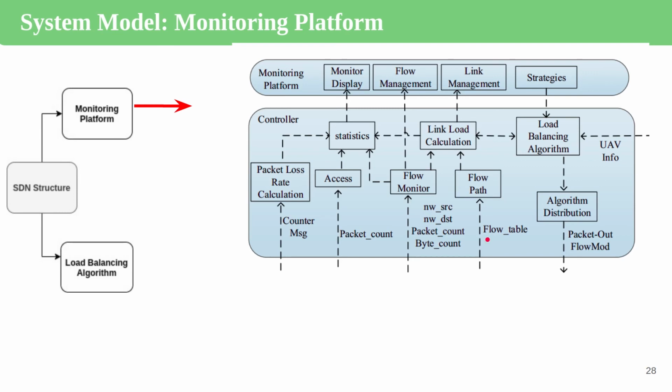And all the analysis information is sent to the statistics module, and then analysis results are forwarded to the monitor display module. The load balancing algorithm selected from strategies will run in load balancing algorithm module, and updated path information is sent to the UAVs by algorithm distribution module through packet out messages.